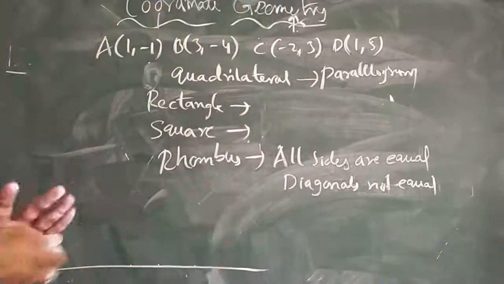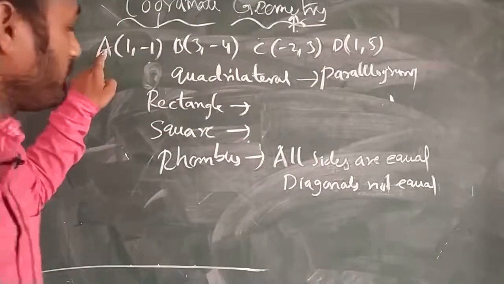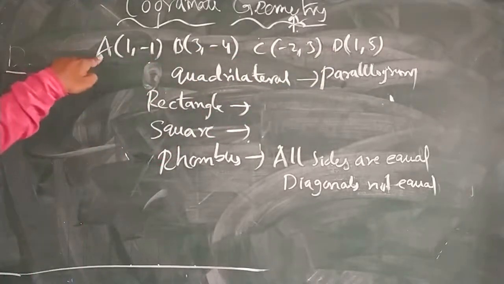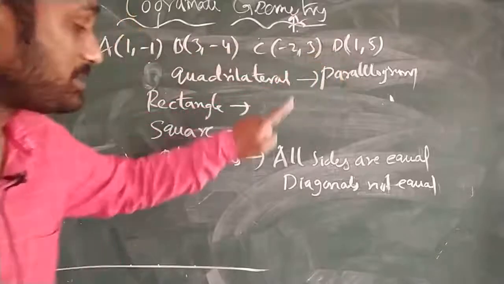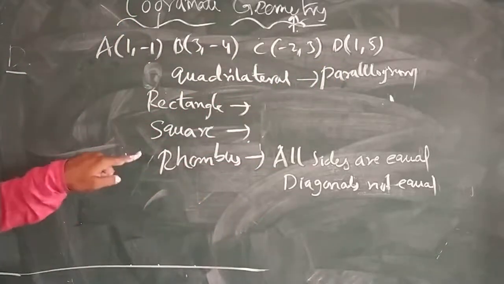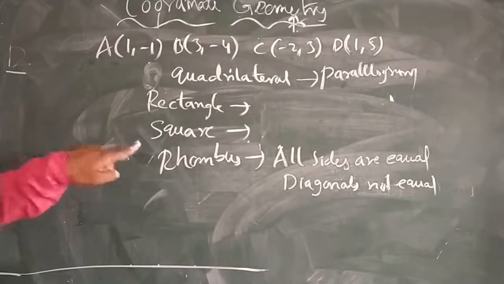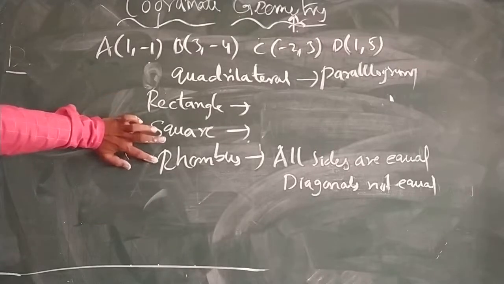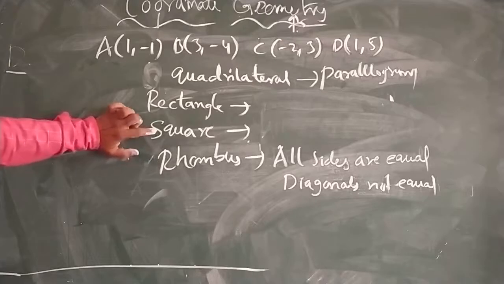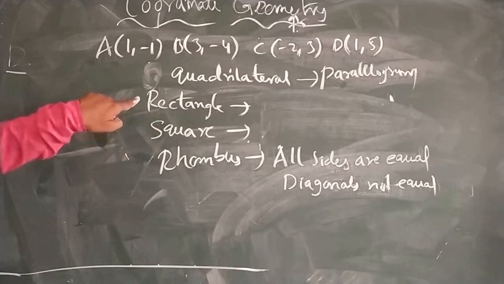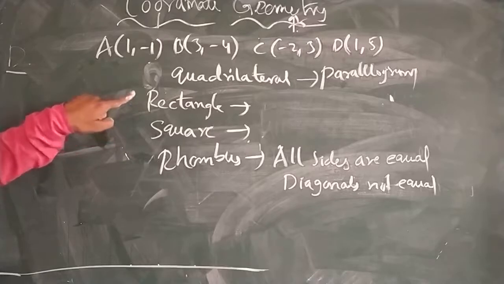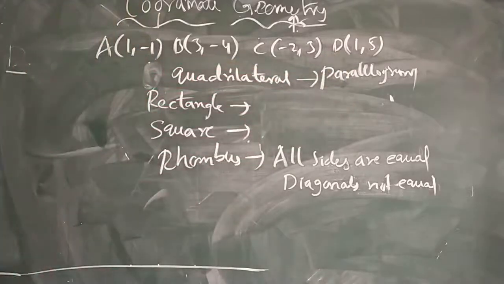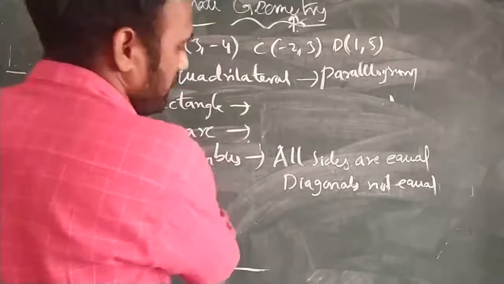So if for the given 4 points, you are getting the distances AB, BC, CD and DA all equal, and diagonals AC and BD distance also getting equal, then we can call that particular shape a square. If the diagonals are not getting equal, we will call it a rhombus. If diagonals getting equal, we will call it a square. If diagonals not getting equal and if opposite sides are equal, we will call it a rectangle. If both are also getting equal, we will call it a parallelogram. So these are the 4 cases which will arise in our exam.